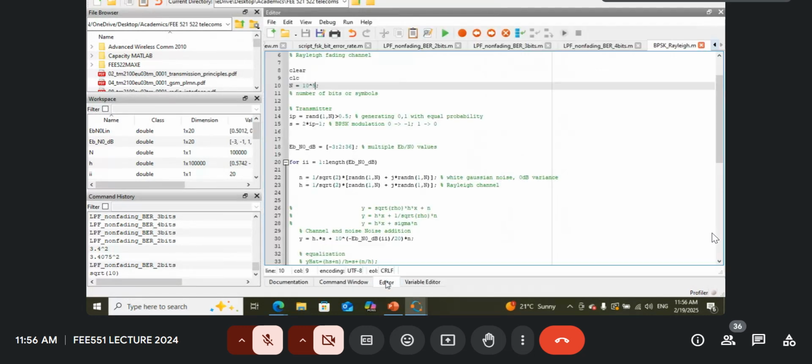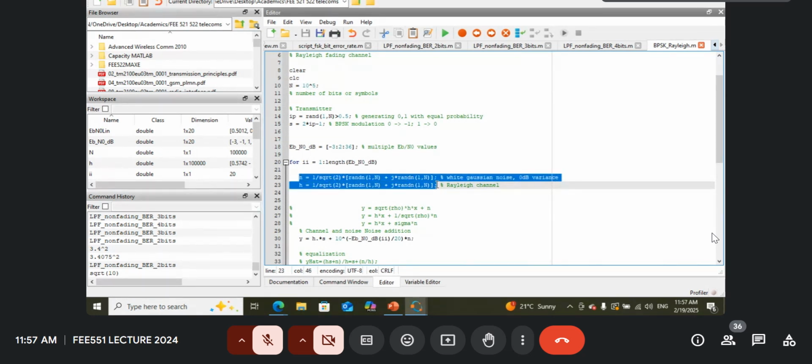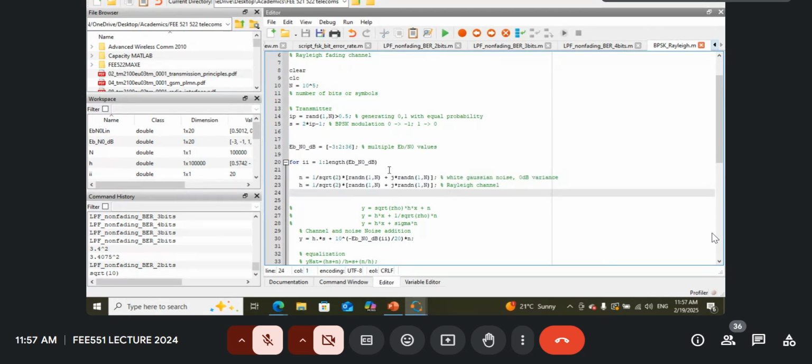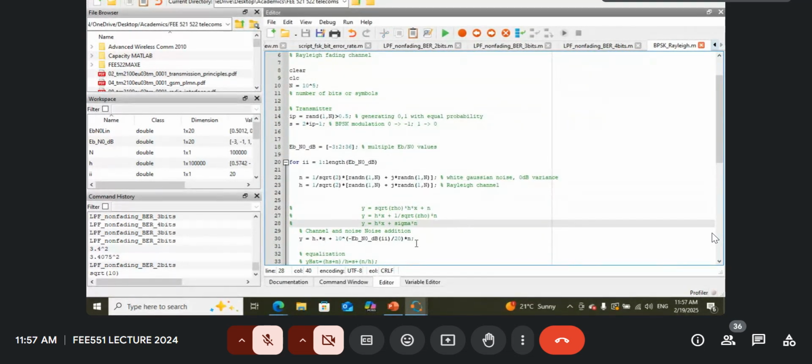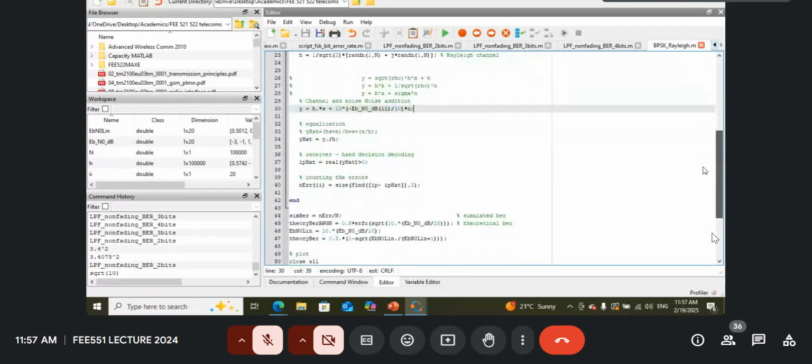If you go to the editor, you see the definition of N is the same as the definition of H. So it means the distribution is the same: 0 mean, variance 1. But now the equation for the received signal is Y is equal to H times S plus noise. So that's the difference. Okay, everything else is the same.